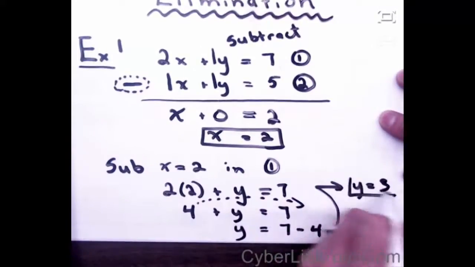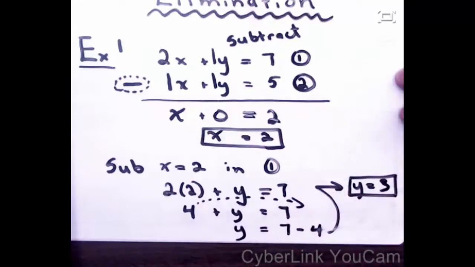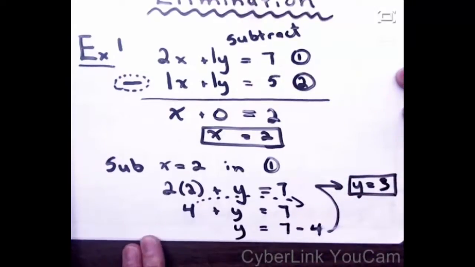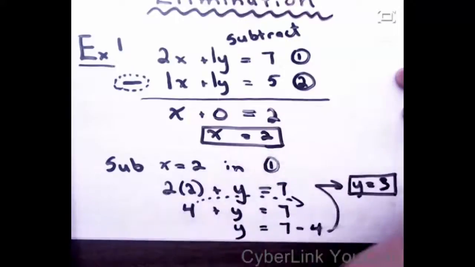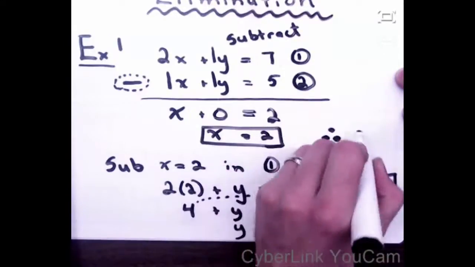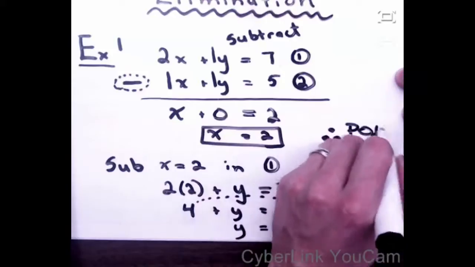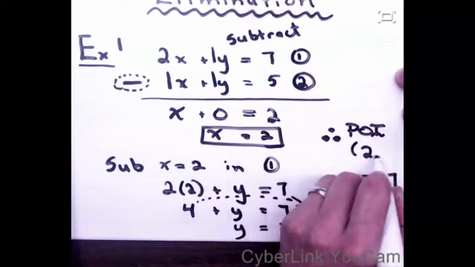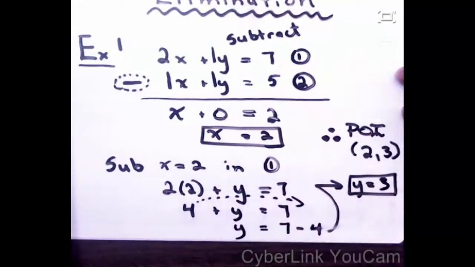You have both x and y, the values you need for your POI. This POI can be written as (2, 3). You would get the exact same answer if you did this all by substitution, but today we're going to focus on elimination.